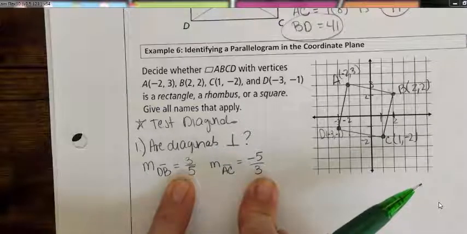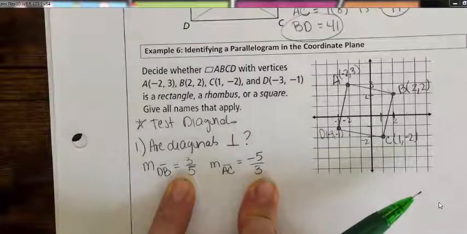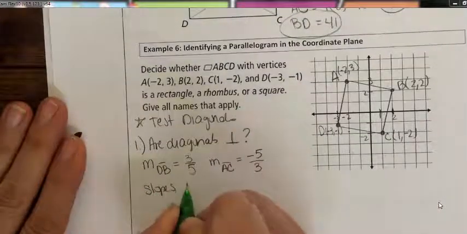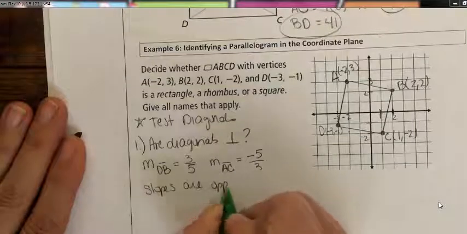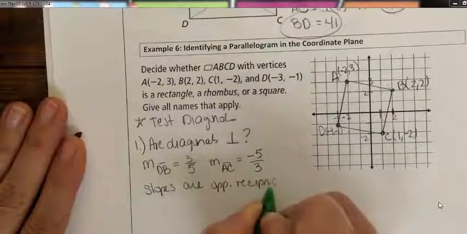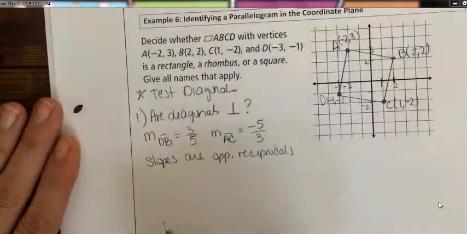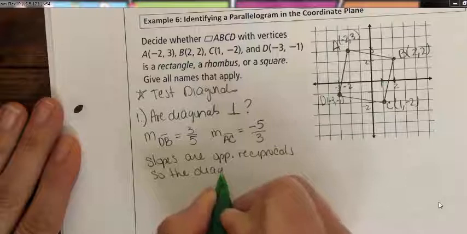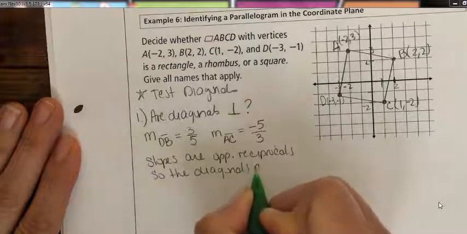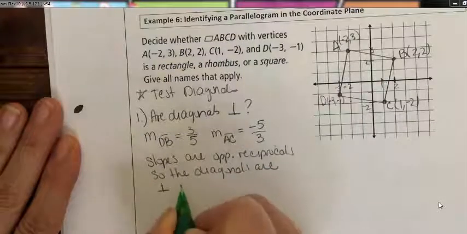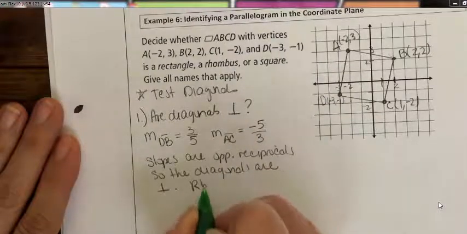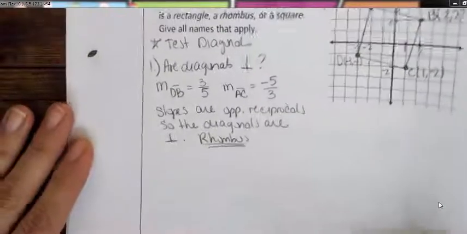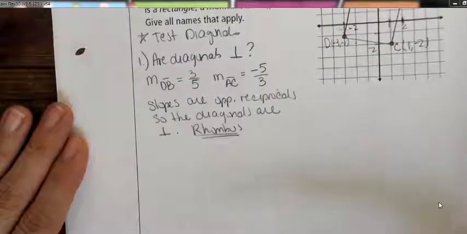Well, the slopes are opposite reciprocals, so the diagonals are in fact perpendicular. So we know it's a rhombus. Okay, that's part 1. So part 2, let's see.